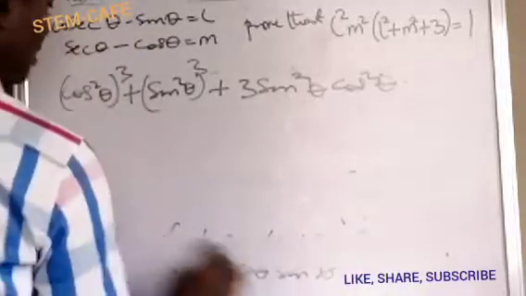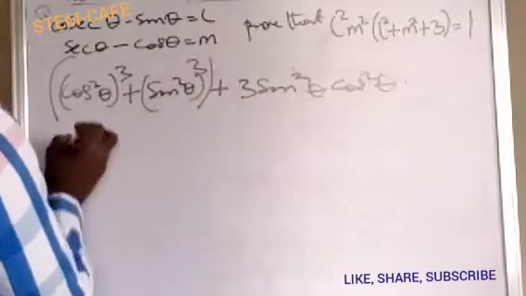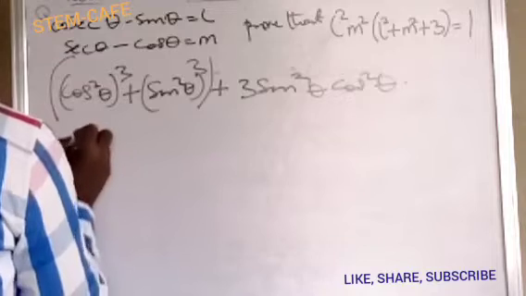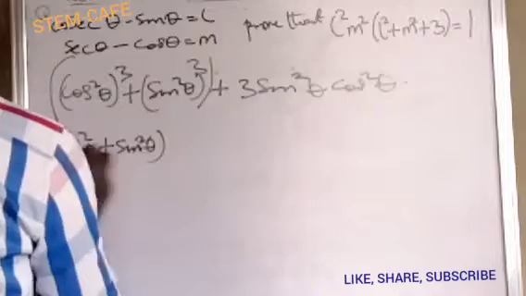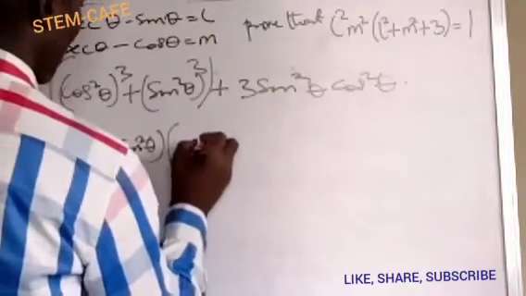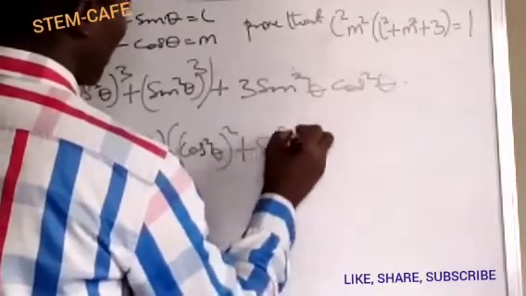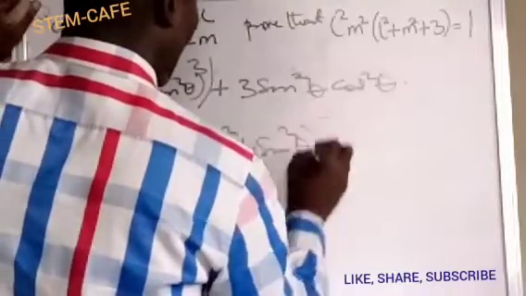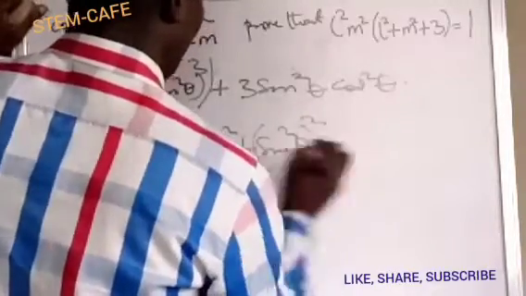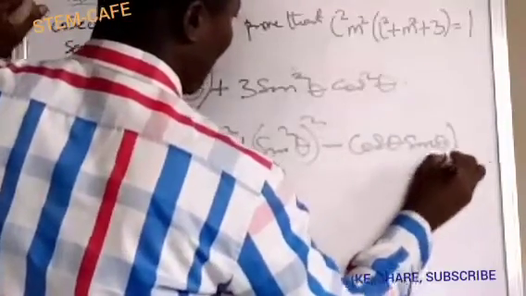Now we all know the factorization for sum of cubes. Let me factorize it to be cos squared theta plus sin squared theta into cos squared theta all squared plus sin squared theta all squared minus cos theta sin theta.